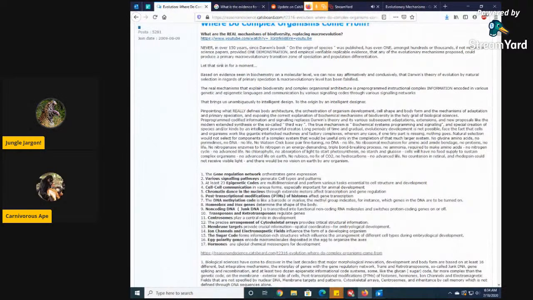The sugar code forms information-rich structures which influence the arrangement of different cell types during embryological development. Egg polarity genes encode macromolecules deposited in the egg to organize the axis. Hormones are special chemical messengers for development.